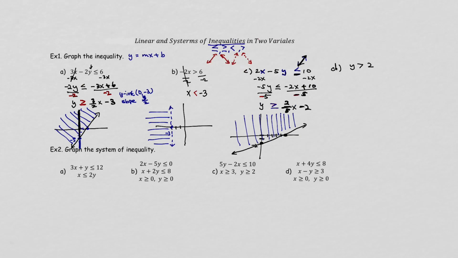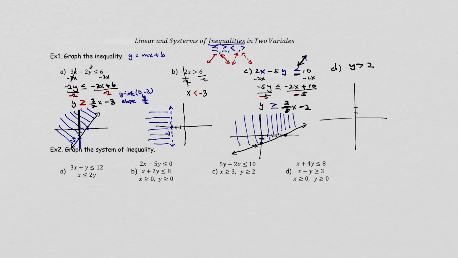This last example from example 1, we have a variable y only. So this means that it's going to have a horizontal line. I don't have to solve for y because it's already isolated. So let's find y equals 2. That will be right here.